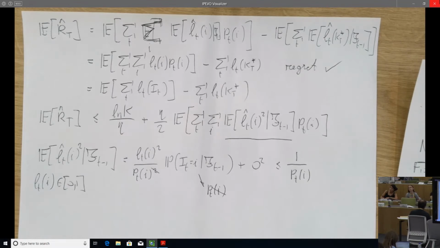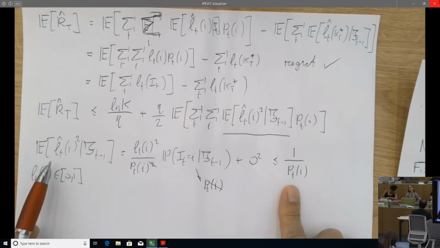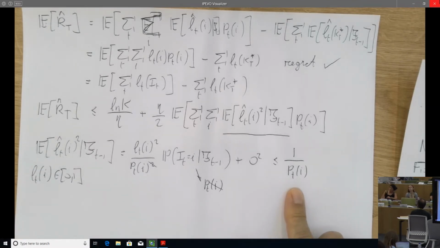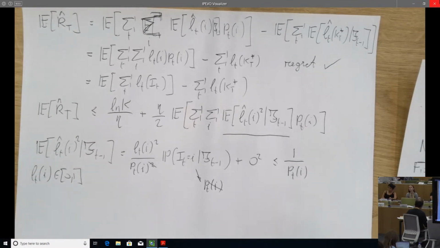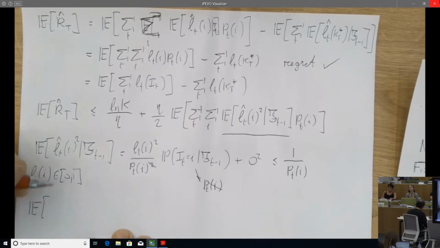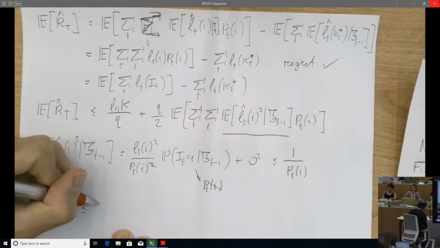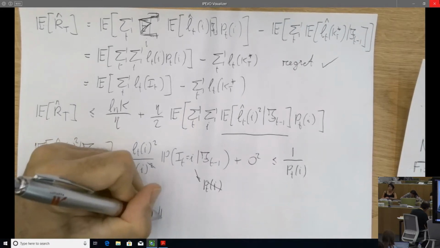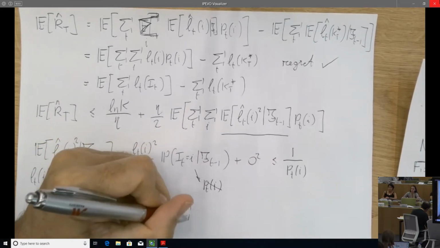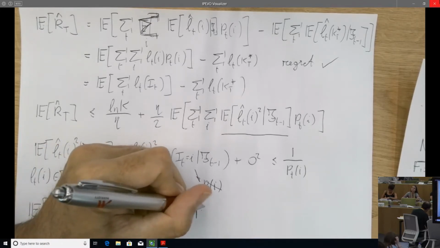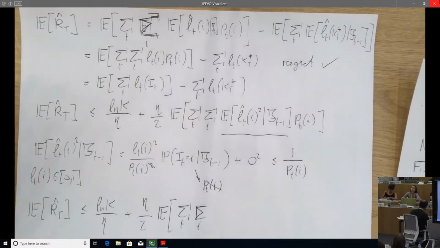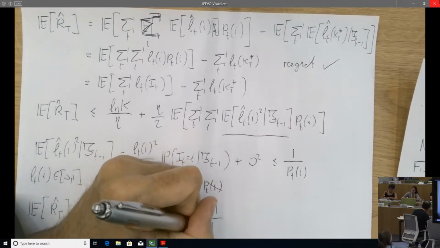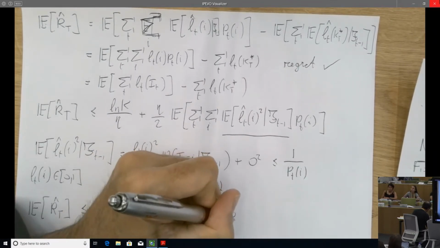So now, look at that. The second moment of my randomized estimate is upper bounded by the reciprocal of the probability. So now I can go back and plug it back there. And what I get is something nice. Sum over t, sum over i, 1 over P_{t,i} times P_{t,i}.